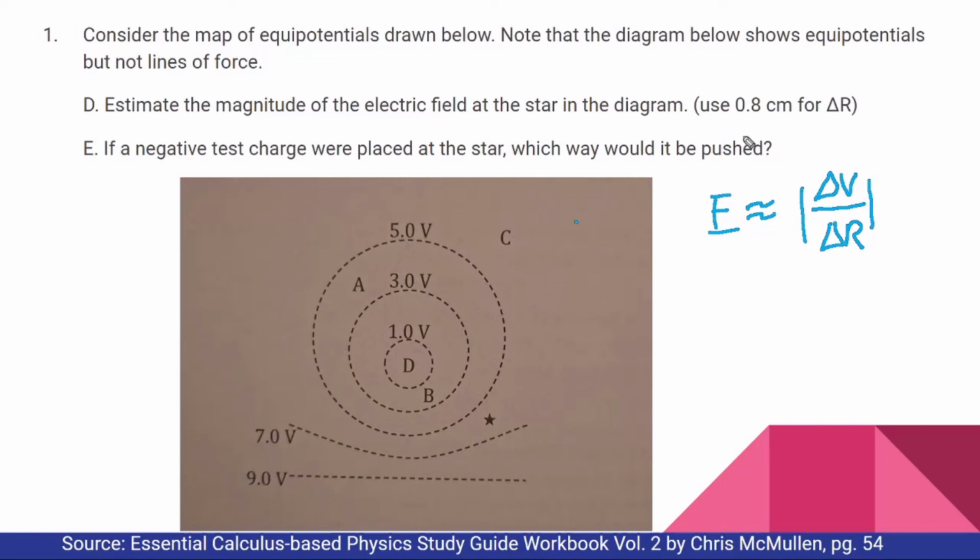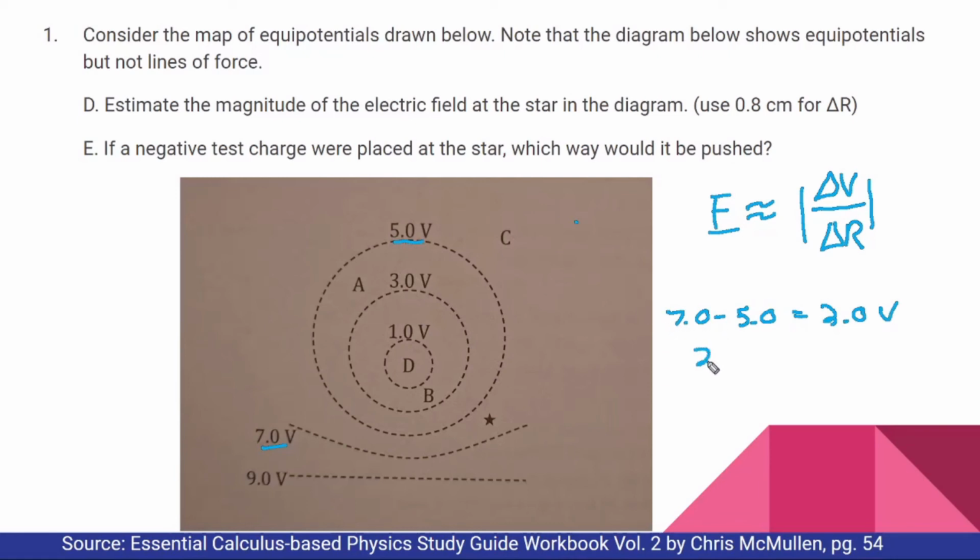We will use 0.8 centimeters for our change in R, and the two surfaces around the star are 5 volts and 7 volts. So we have 7.0 minus 5.0 to get 2.0 volts.